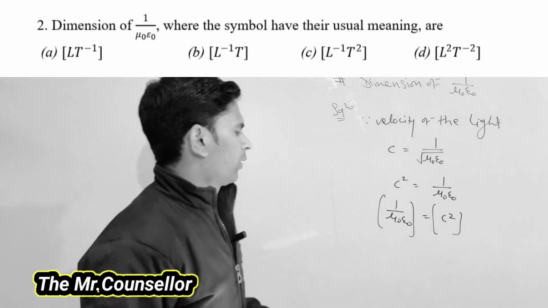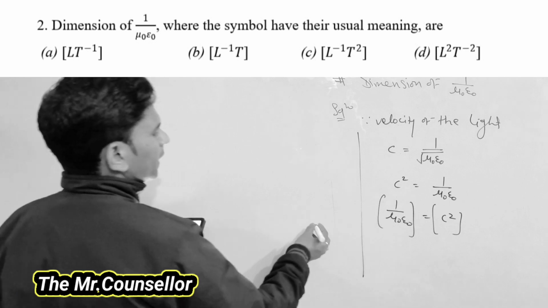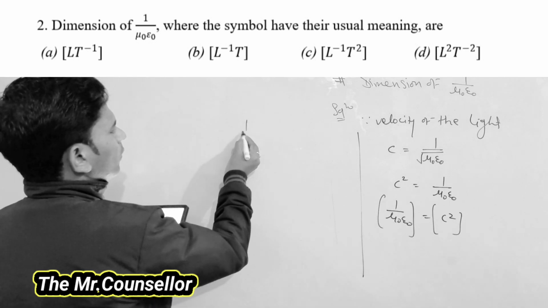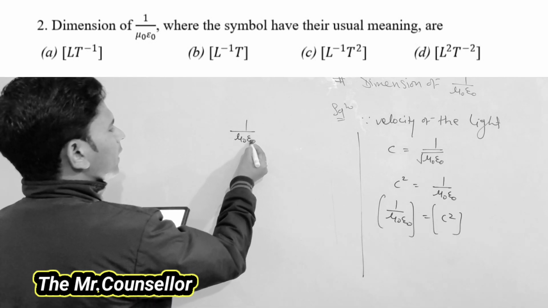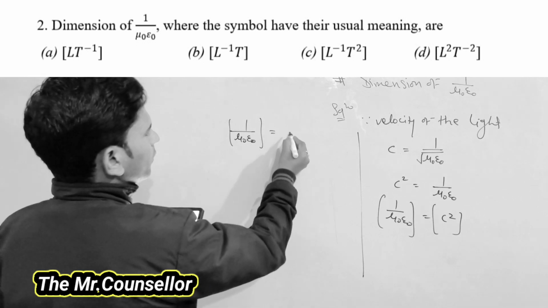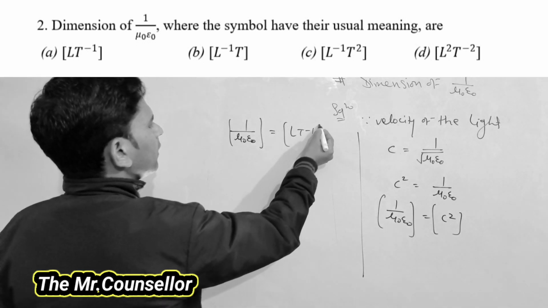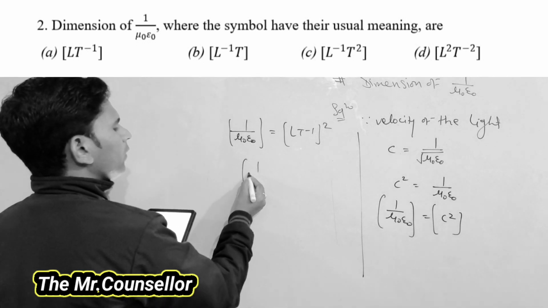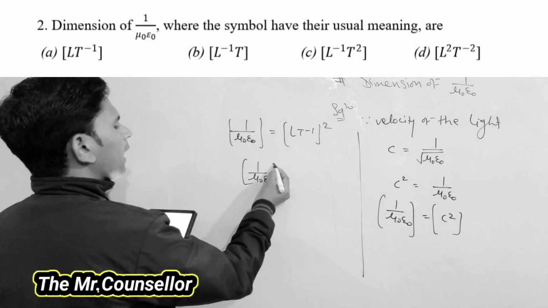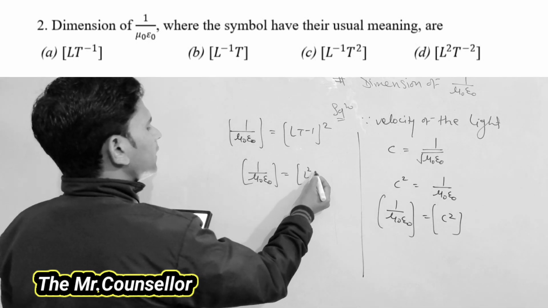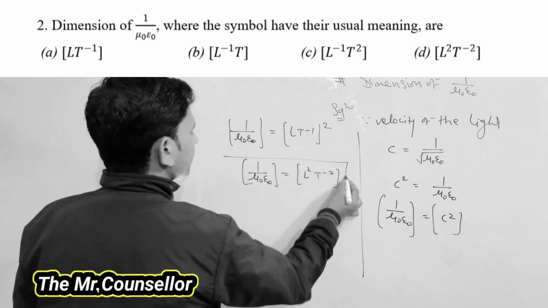Till here any doubt? No doubt. Now you can place the dimensional formula of c. So 1 upon mu naught epsilon naught is equal to LT minus 1 square. Finally, 1 upon mu naught epsilon naught is equal to L square T minus 2.